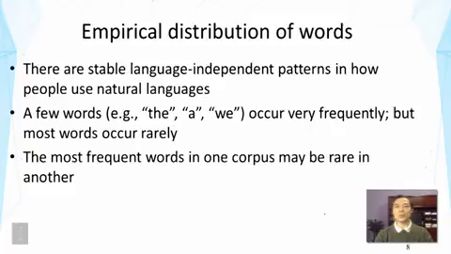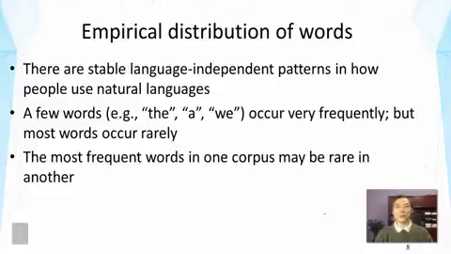It has to do with the word distribution in text. So here are some common phenomena of word distribution in text. There are some language-independent patterns that seem to be stable. And these patterns are basically characterized by the following pattern. A few words, like the common words the or we, occur very, very frequently in text. So they account for a large percent of occurrences of words.